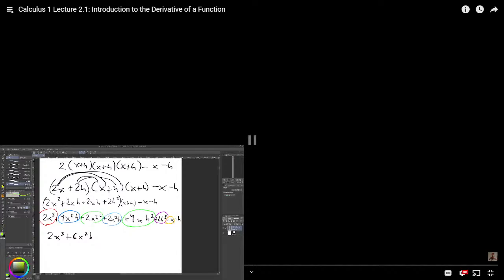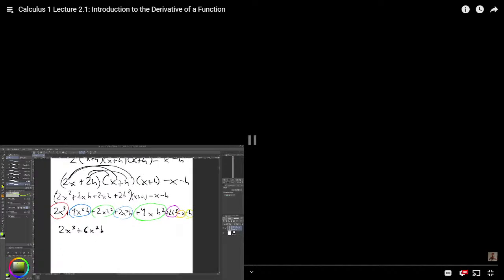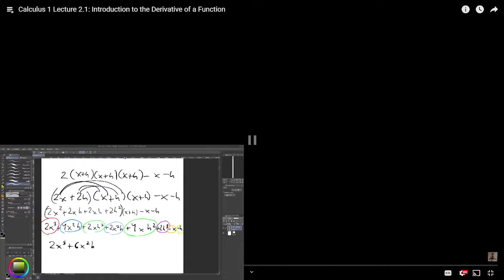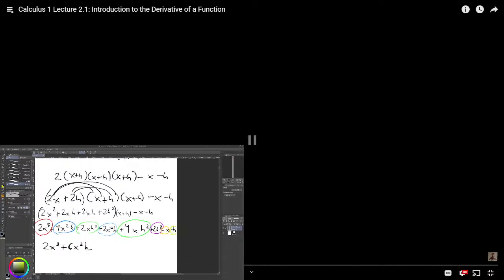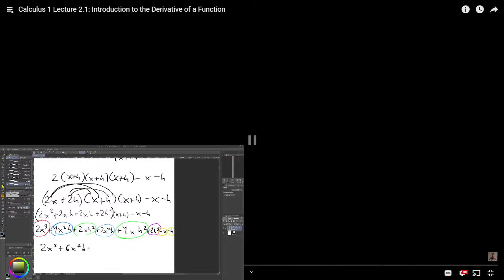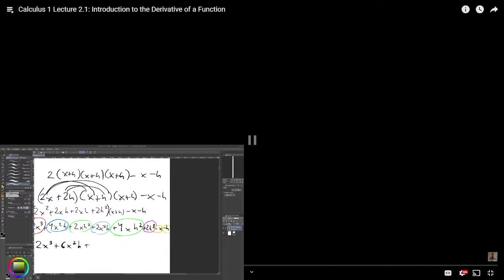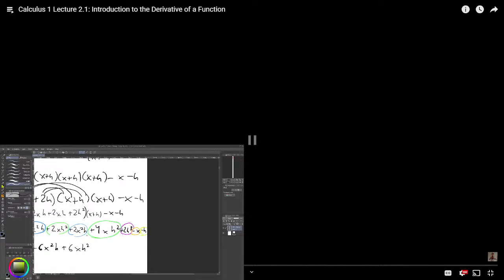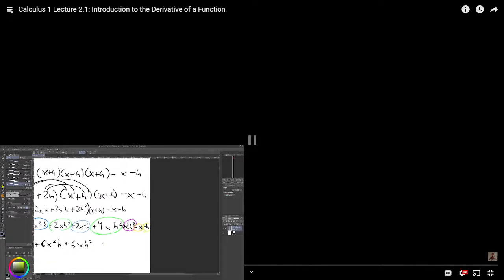So 2x cubed plus 6x squared h plus 6xh squared plus 2h cubed minus x minus h.